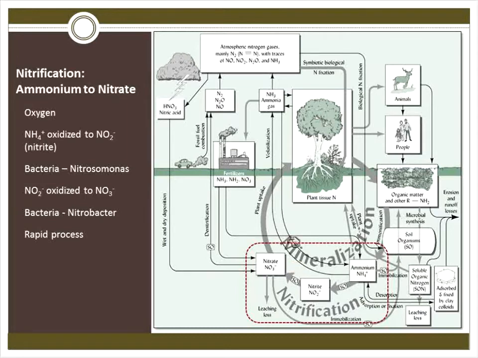So you see nitrogen in the ammonium form flipping to nitrate within a couple days in soils in North Carolina. We've seen this under field conditions, and we've seen this also in mineralization studies in the lab. So we just don't have a lot of ammonium in North Carolina.